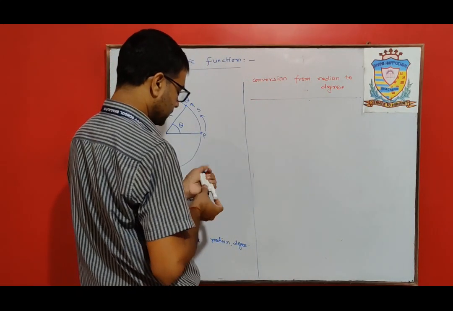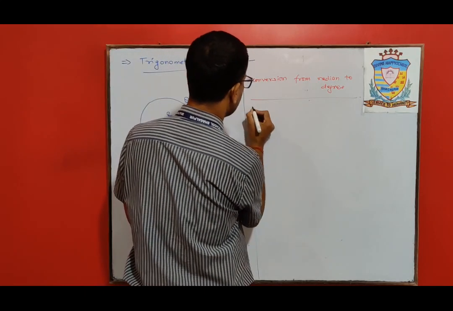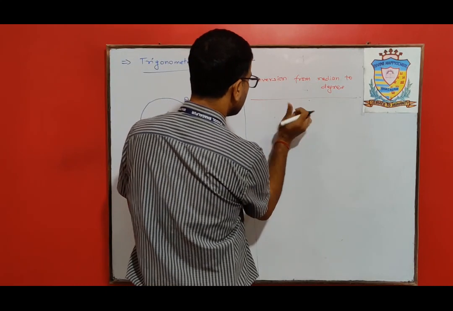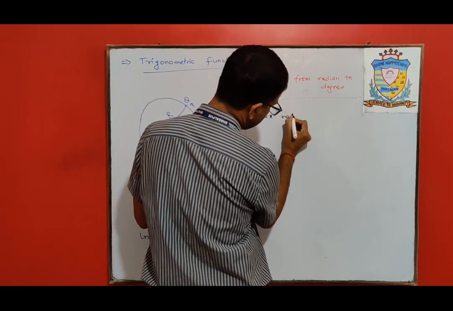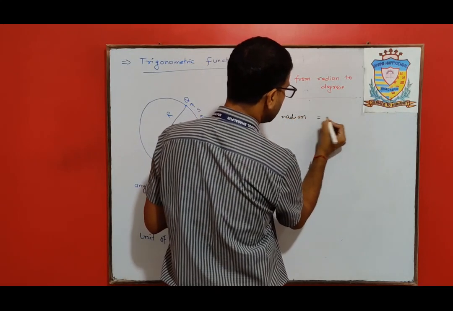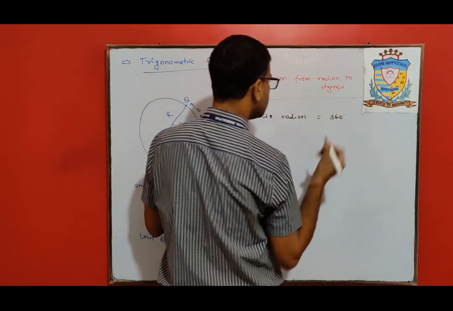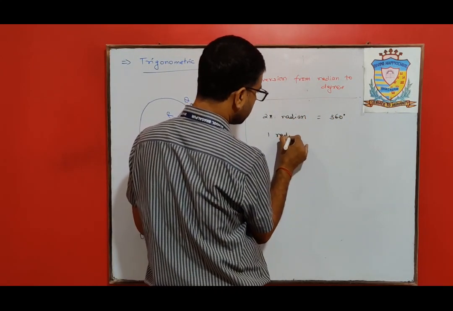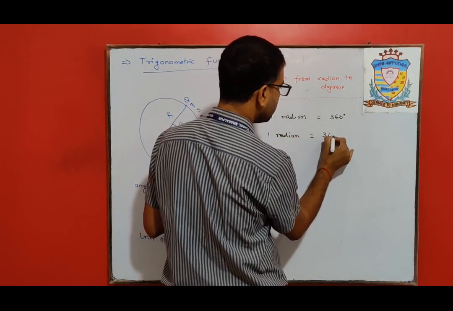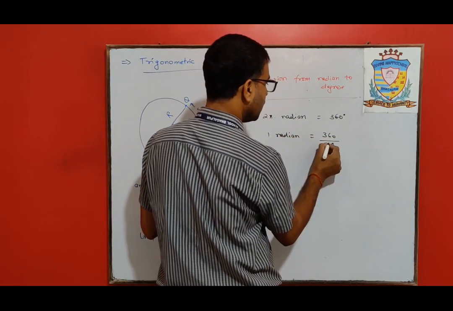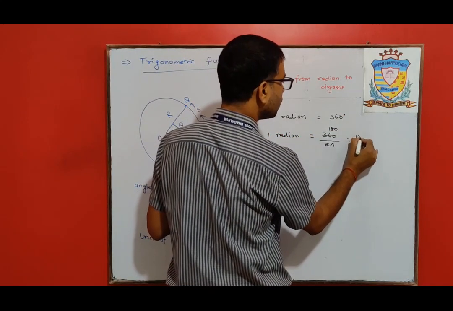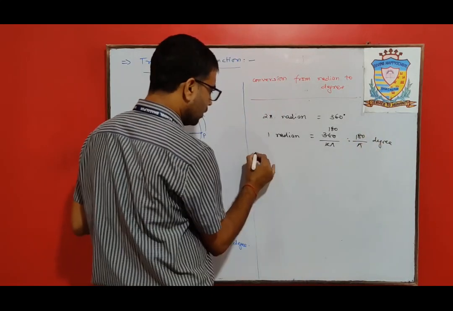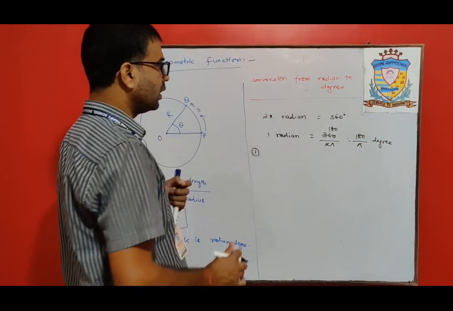For example, 2 pi radian is equal to 360 degree. Clear? So 1 radian can be written as 360 degree upon 2 pi. So this can also be written as 180 upon pi degree. Clear?